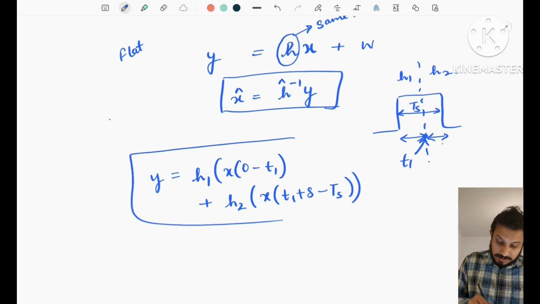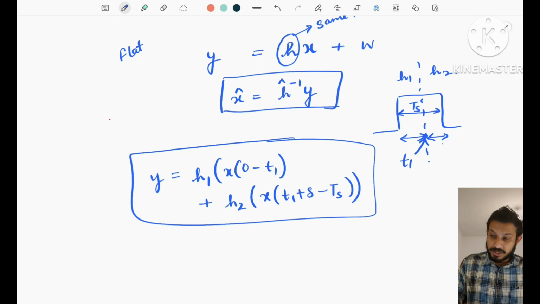For this expression, we need an advanced equalizer.